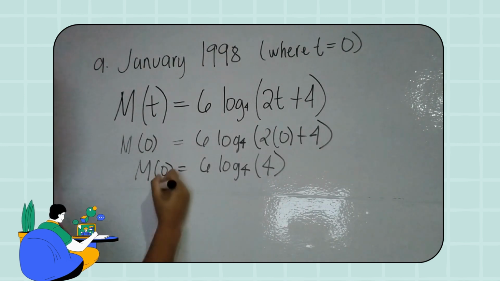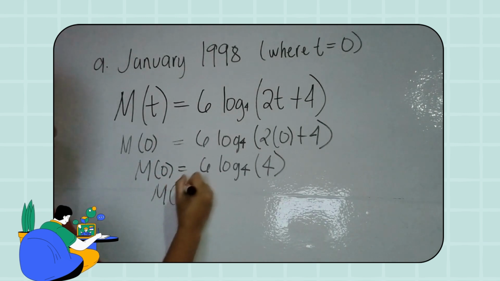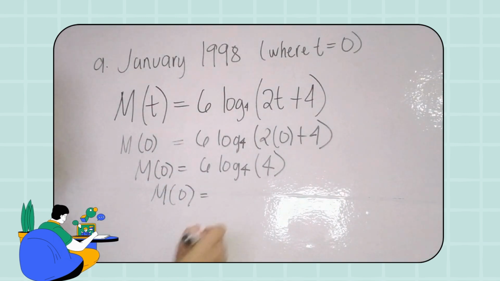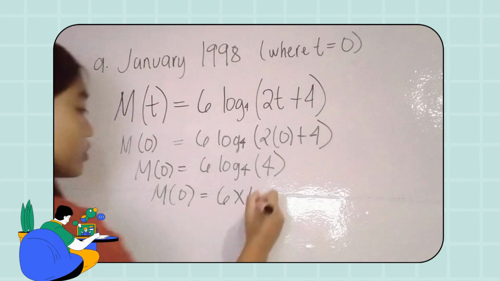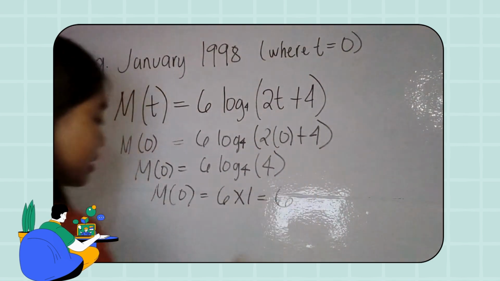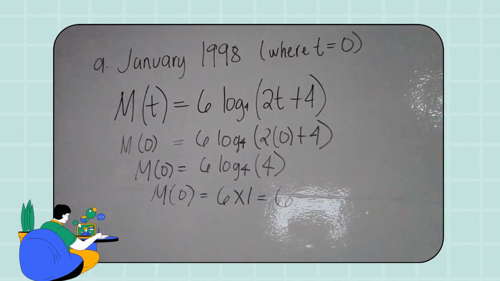So we have here m of 0 is equal to 6 times 1, which is also 6. So this means that the number of mice in the house in January 1998 was 6.